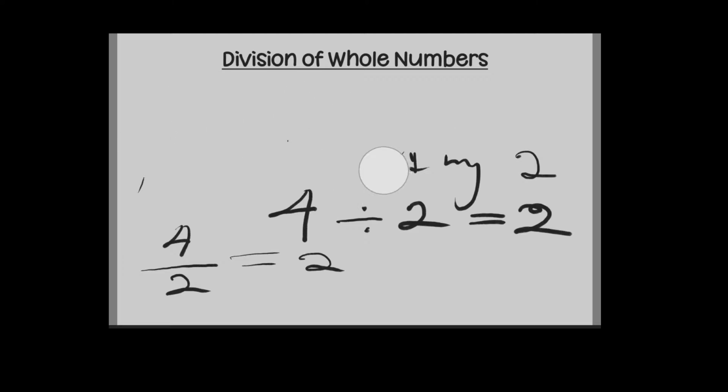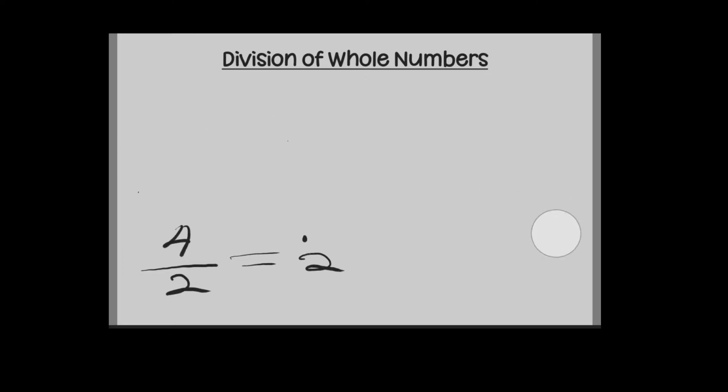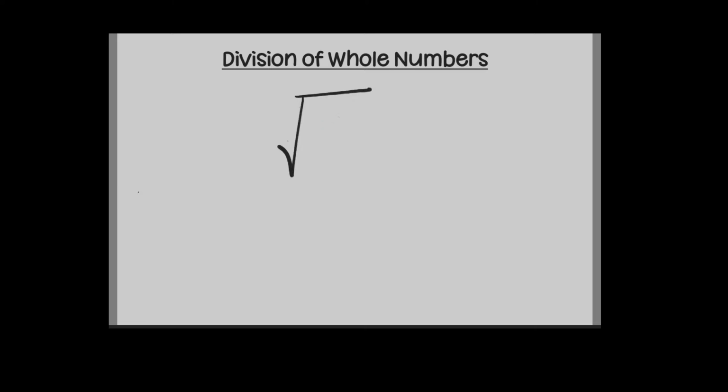Another way we can write it is like this: put 4, and I'll put 2 right here, and we'll say 4 divided by 2 is 2. So that's one way we can write it.